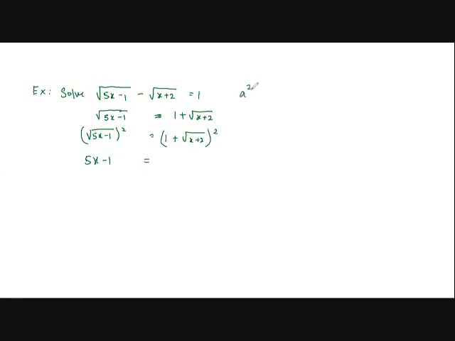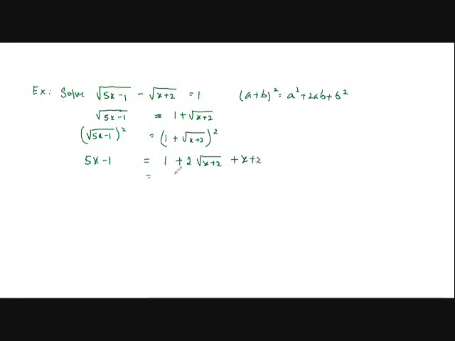Remember, we use the formula a plus b, the whole thing squared, equals a squared plus 2ab plus b squared. We apply this formula. So this is going to be 1 squared, equal to 1, then 2ab, that means 2 times 1 times the square root of x plus 2. And the last term, the square root of x plus 2 squared, the root is gone, so we are left with x plus 2.